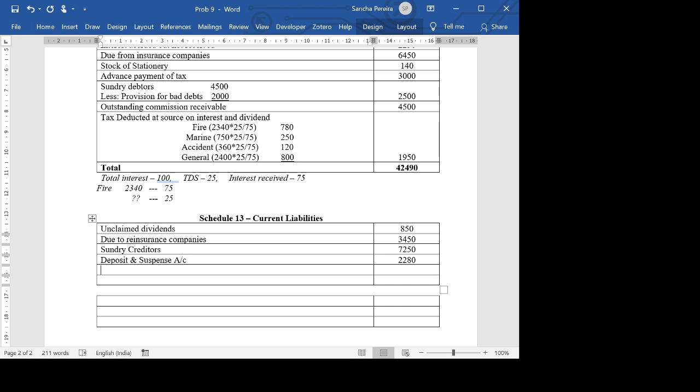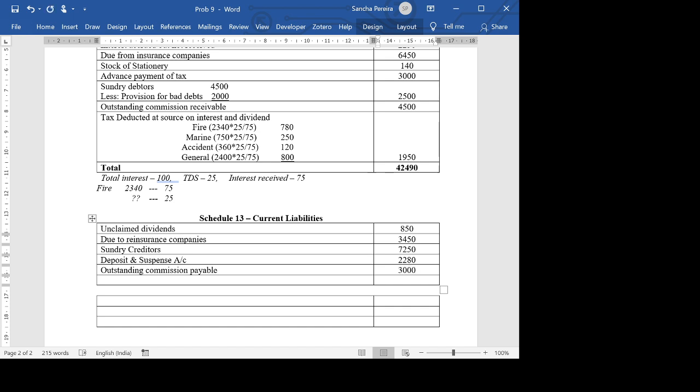I think that's it. We have outstanding commission payable, which is 3,000.